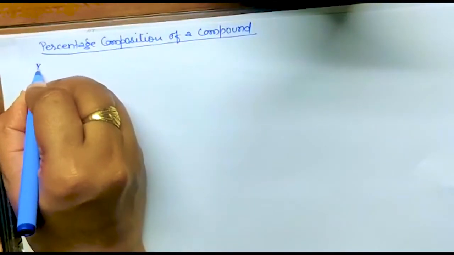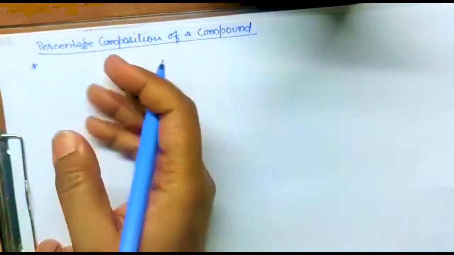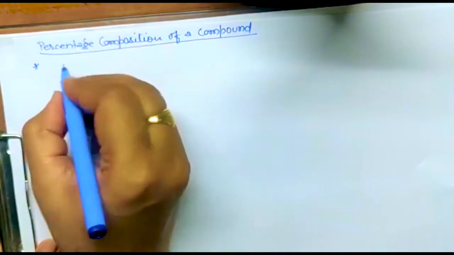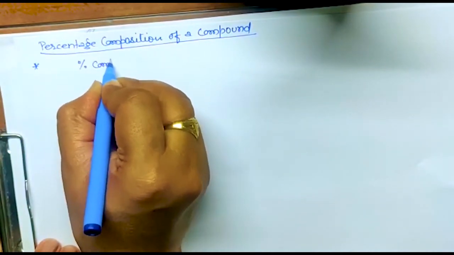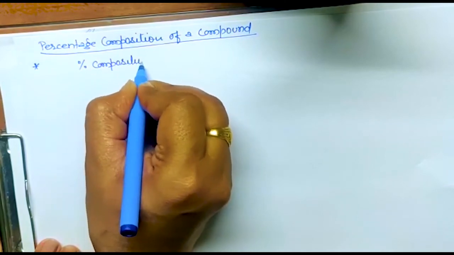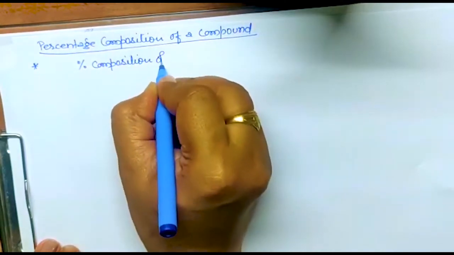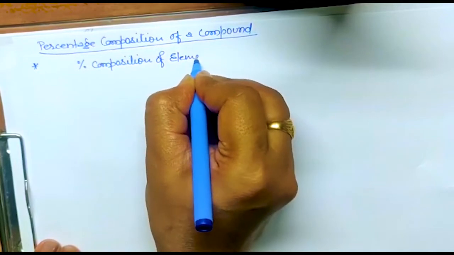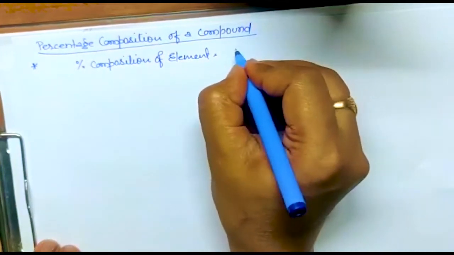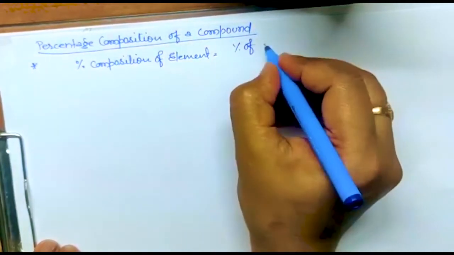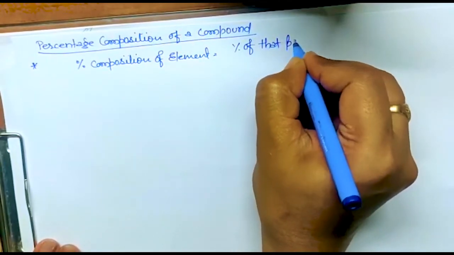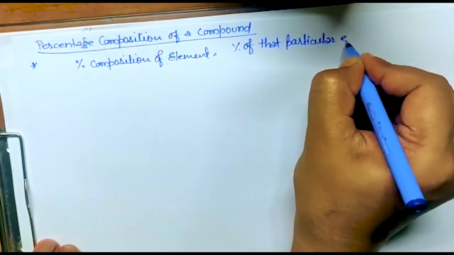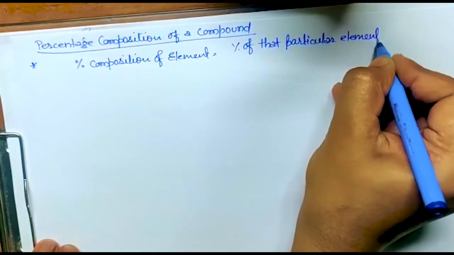let's start with the numerical only. That formula, what should I write? The percentage composition of an element is equal to, what will it be?